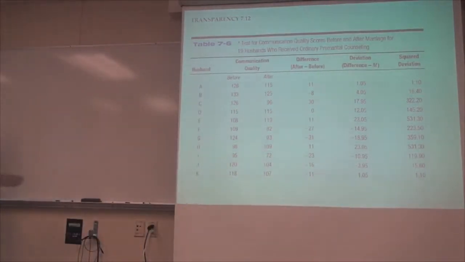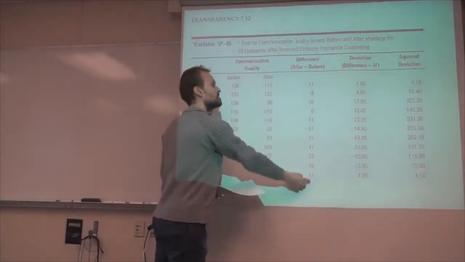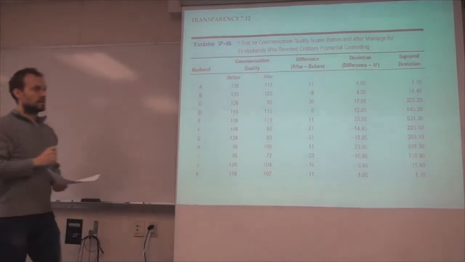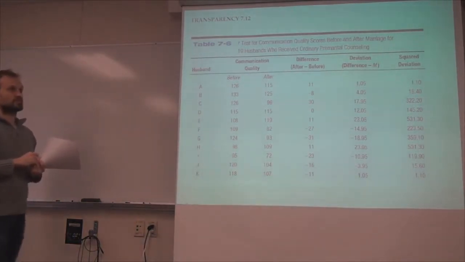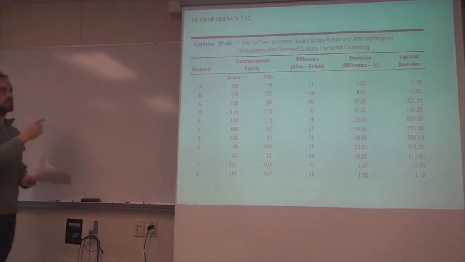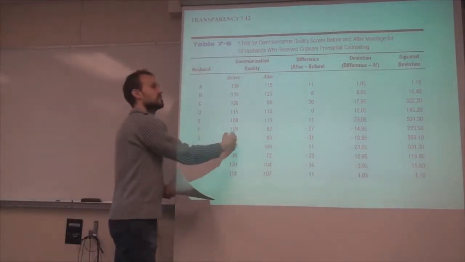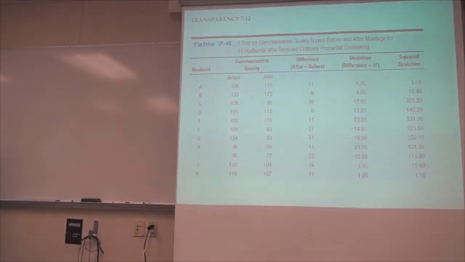I'm trying to see if the sample mean of difference scores is significantly different from zero, because zero would indicate there's no change. I'm trying to see, is it different, and is it significantly different, to conclude that there is a change in the before and after for the whole population.